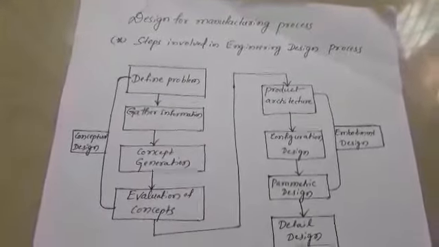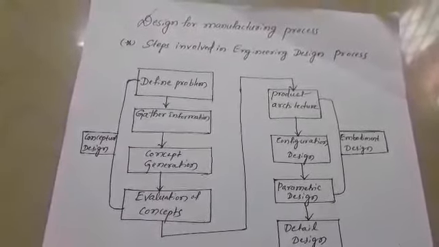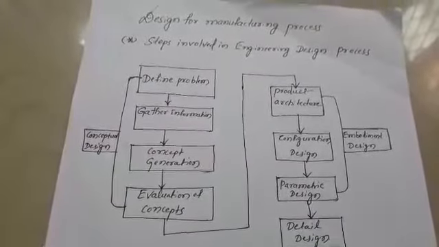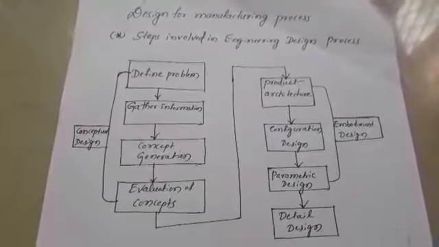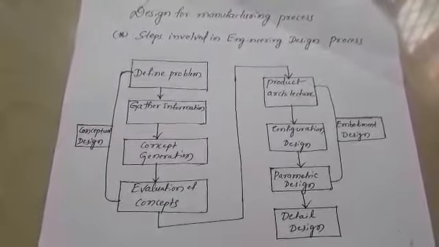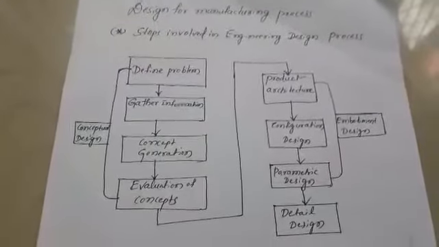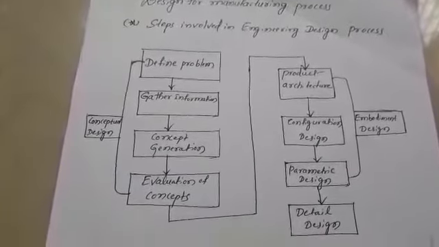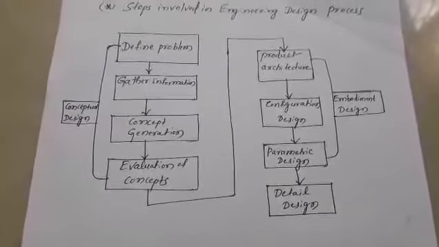So what we have to do in the product architecture? The overall design system is divided into small subsystems and modules. Then we decide the physical components of the design in order to combine them to carry out the functional duties of the design. That we have to do in the product architecture. And the next one is configuration design.